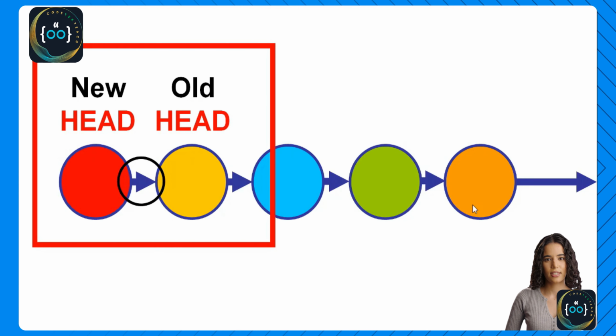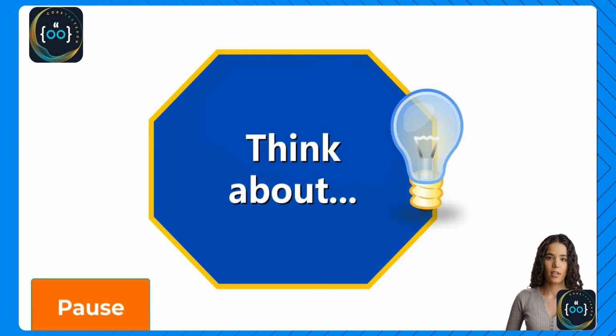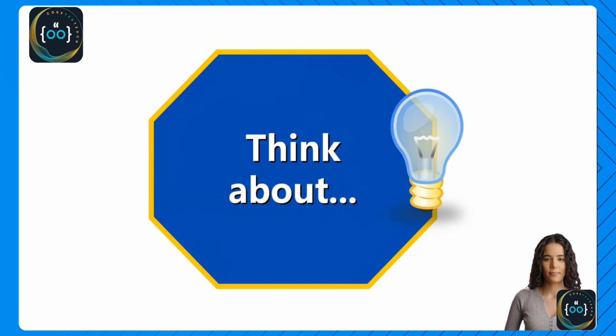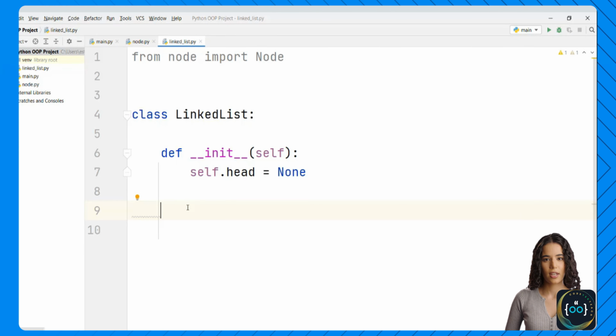We will do this with our code through pointers. Think about how you would implement this in Python. Pause the video for a moment and then come back, and we will implement it step by step. Now we are back to our linked list class, and we have to start implementing the insert node method.